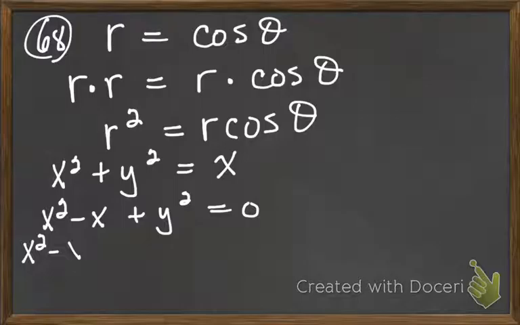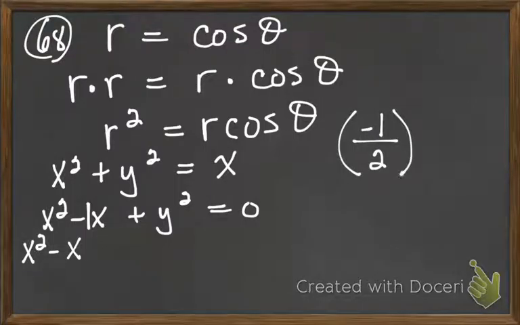No. You take the number in front of your x term, which is a negative 1, you divide it by 2, and then you square it. You take the number in front of the x term, you divide it by 2, and then you square it. That's going to give you positive 1/4. So you're going to add positive 1/4 to your x's. That's going to create a perfect square trinomial.